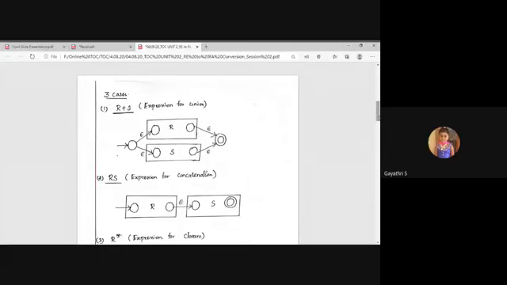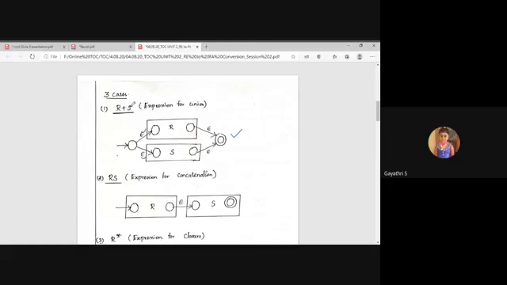First one, union. If the given regular expression is in the form R plus S, this is the representation of your automata. R plus S means there are two paths starting from the starting state with the input symbol epsilon.